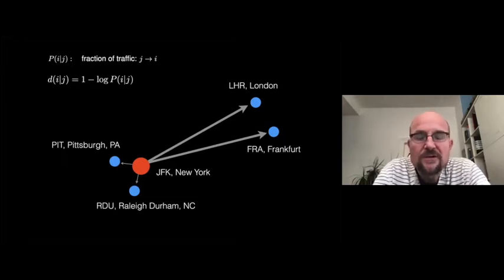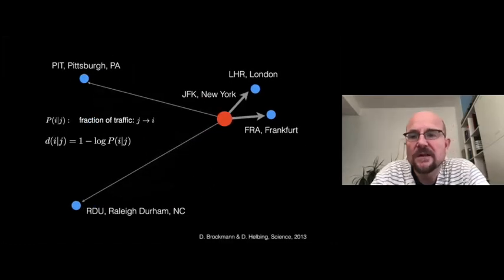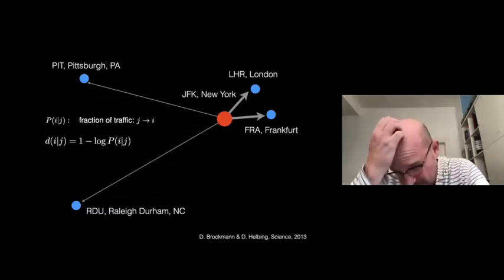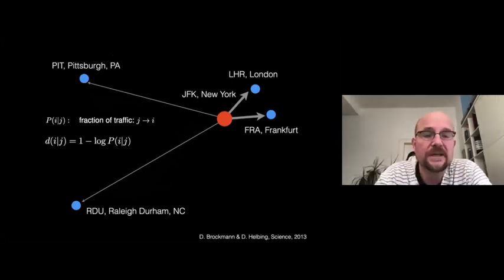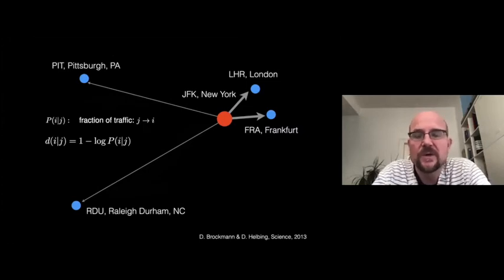We're much more likely to end up in London and Frankfurt, even though these places are very far away, than in Pittsburgh or Raleigh-Durham, because there's more traffic from JFK to London or Frankfurt. And so in a sense, qualitatively at least, the virus perceives London much closer than Pittsburgh. And so the idea behind this paper we did way back is to introduce a concept of effective distance, which is related to the likelihood of someone going from one location to the next.